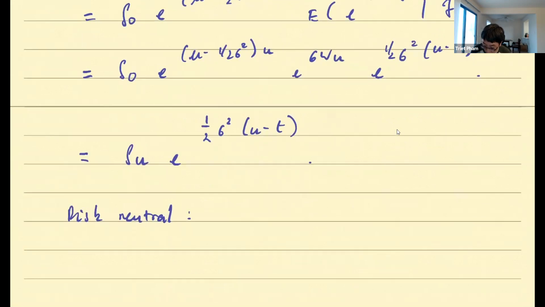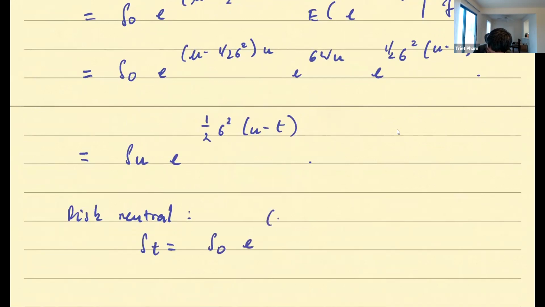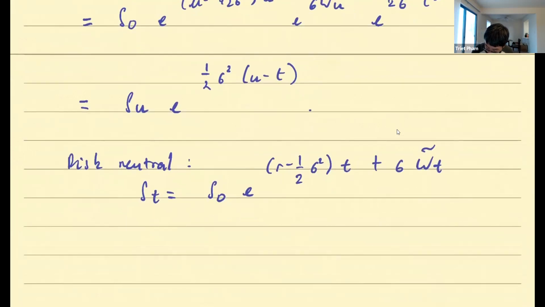In the risk neutral case, S_T equals S0 e to the (r minus 1/2 sigma square) T plus sigma W tilde T. So if I compute the conditional expectation of S_T given F^W_u, what do I have?